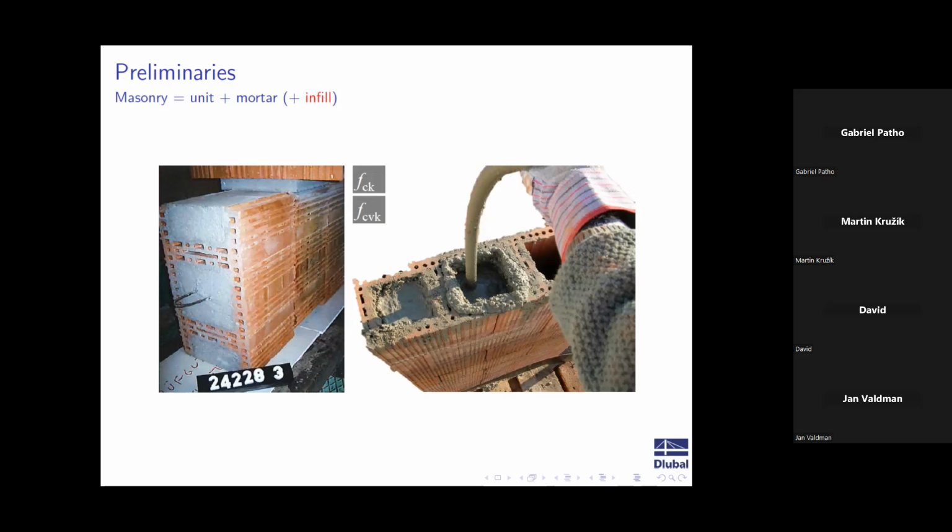They are called group 1 up to 4. Group 1 are the solid blocks, and then you have holes in the masonry up to 20-25% of the volume, and here group 3 is, I think, up to 70% of the volume.